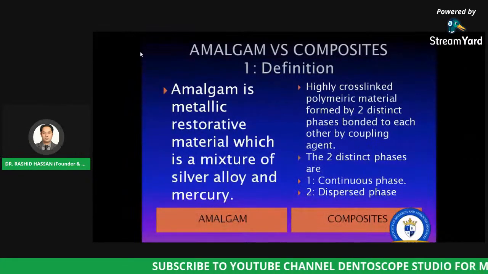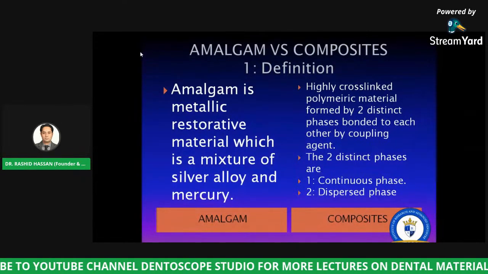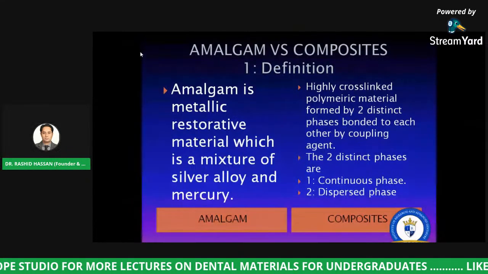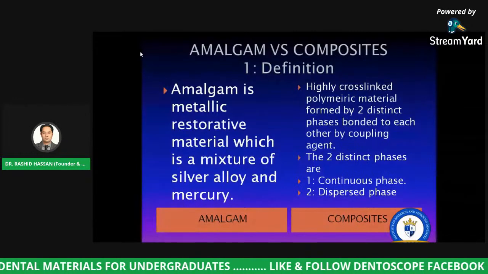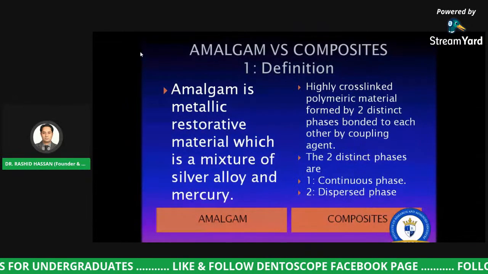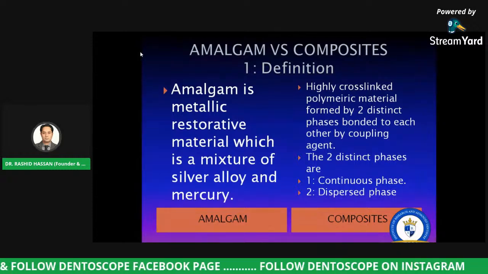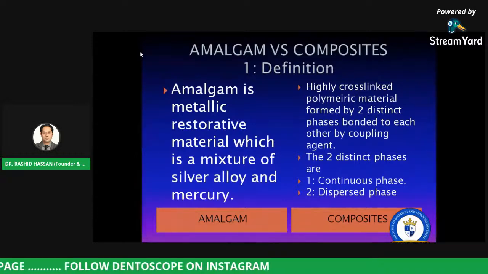Now let's talk about the dental composite. Well, it is a highly cross-linked polymer material. Cross-linking is basically seen in polymers. I told you in my previous lecture on dental composite in detail that dental composites are a combination of polymers, fillers, coupling agents, and the activator initiator system.